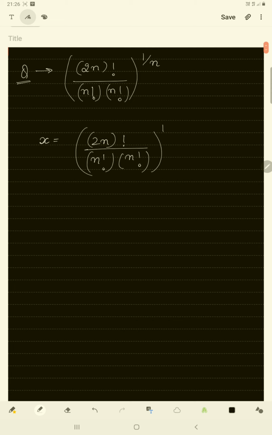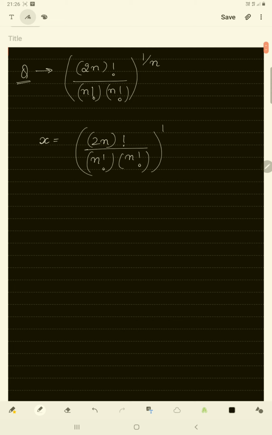So we have 1 plus log n plus 2 upon 2 plus log n plus 3 upon 3, till log 2n upon n.